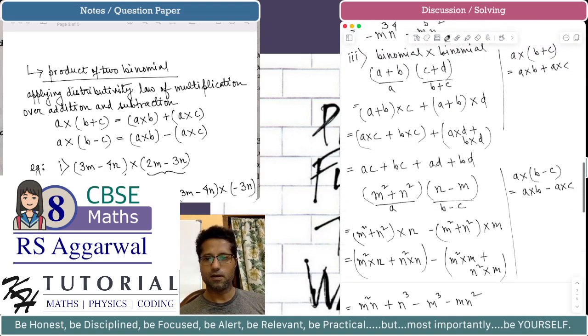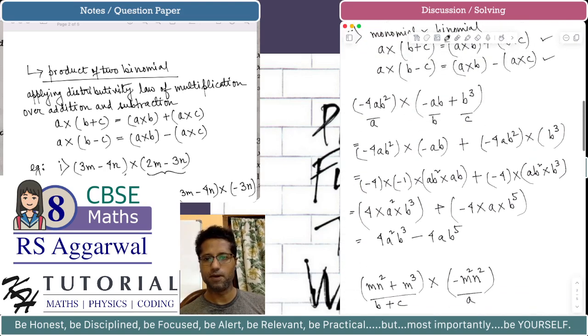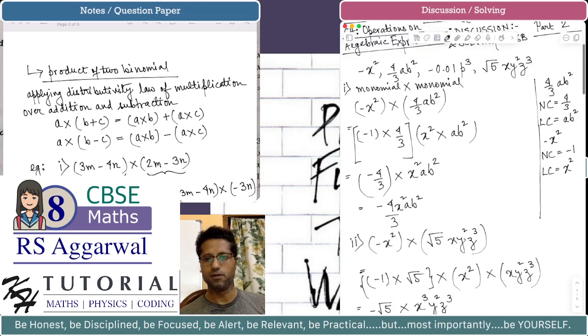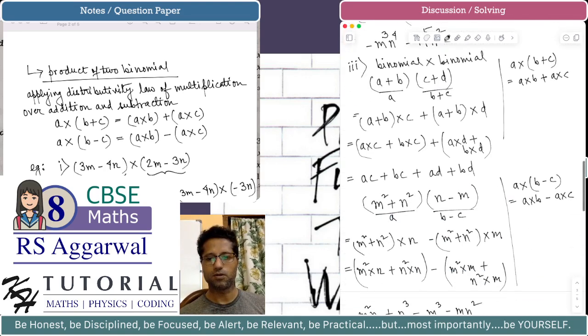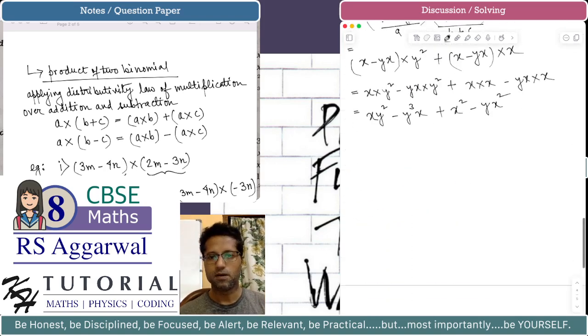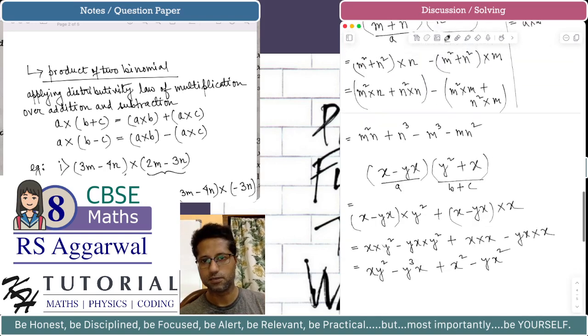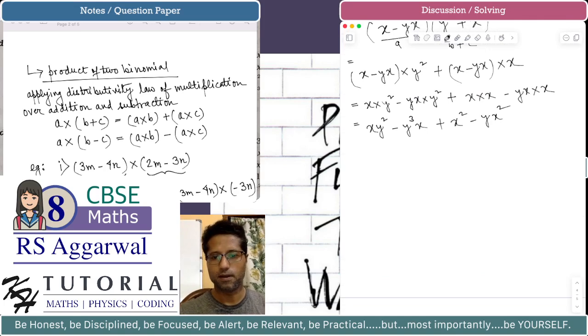So we discussed product of two binomials, product of a monomial with a binomial, and product of two monomials. Using these concepts, we have to find the product of two algebraic expressions. But before that, we need to discuss one more thing, that is product of a monomial and a polynomial.